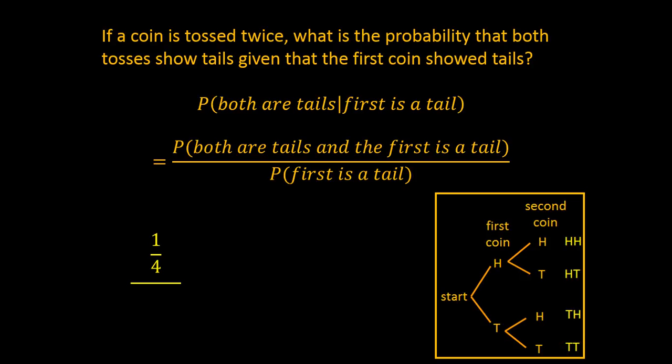In the denominator, we're looking for the probability that the first coin is a tail, and that happens in 2 of the 4 possible outcomes. So we have 1/4 divided by 1/2, which is 1/4 times 2/1, which is 2/4, and there's our 1/2 that we got just by looking at the tree and eliminating part of the tree.